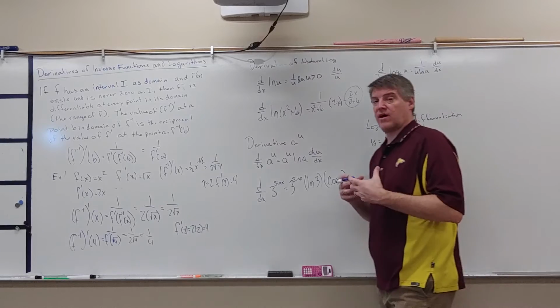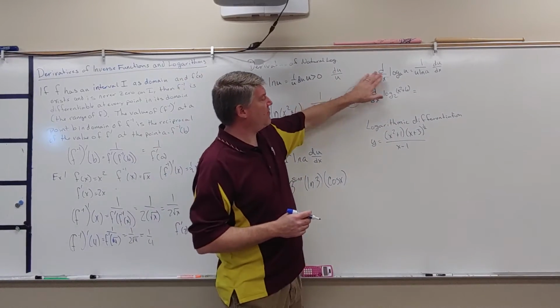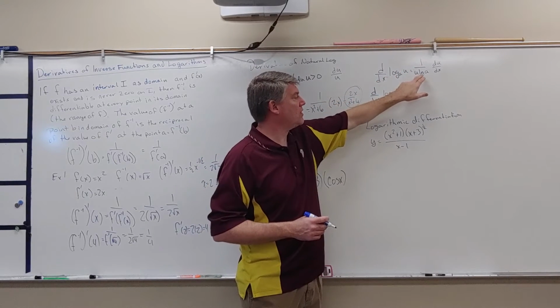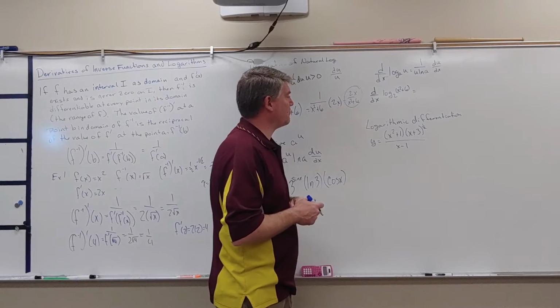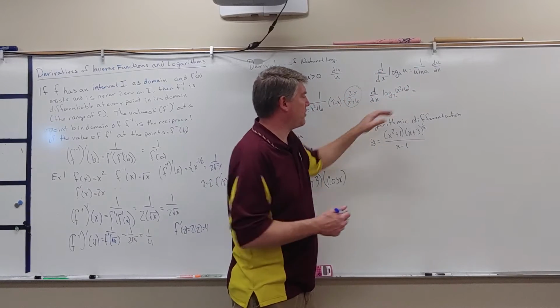Now we have the derivative of log, instead of natural log. So the derivative of log base a of u equals 1 over u times the natural log of a, times du/dx. Okay? So I'm going to take this part here.